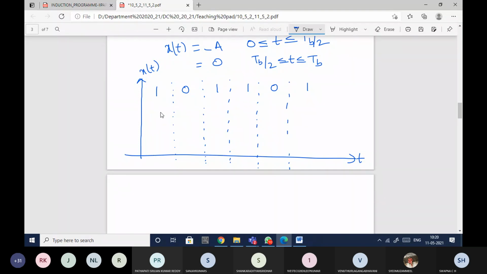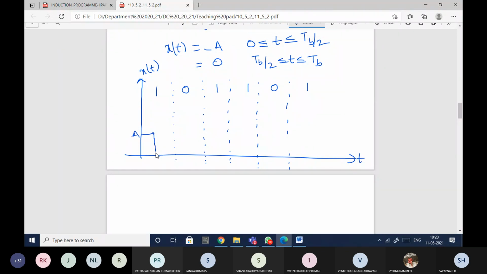Okay, so since it is 1, I'll have the positive amplitude, but only for half of the interval. Half of the interval I'll have plus A, the rest it will be 0. Okay, next 0. I have a 0, so the amplitude will be minus A, and that is only for half of the interval, and in between it will return to 0.